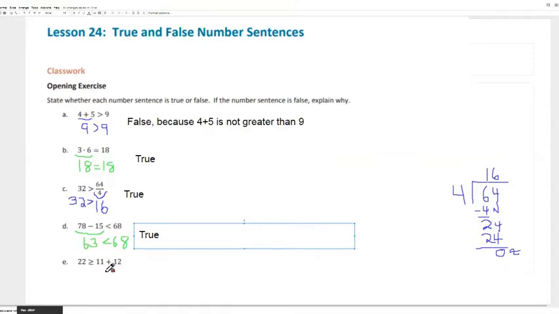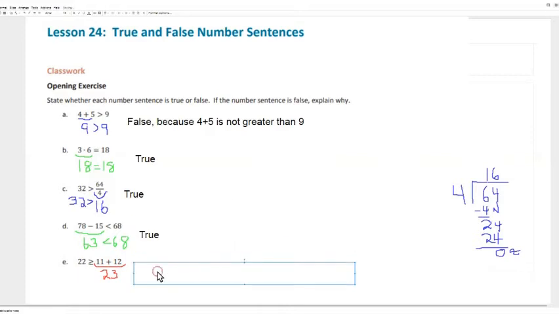And the last one here, once again, the operation is on the right-hand side, so we go ahead and take care of it. Over here, 11 plus 12 is 23. So now we have to look at the full statement. Is 22 greater than or equal to 23? And the answer is no. So that would be a false statement. Now explain why.